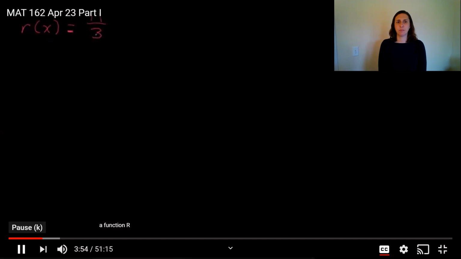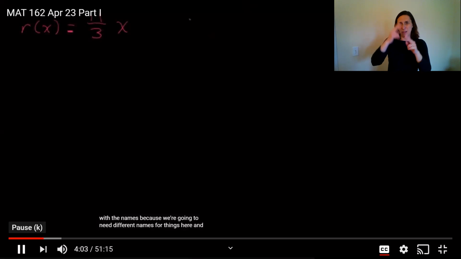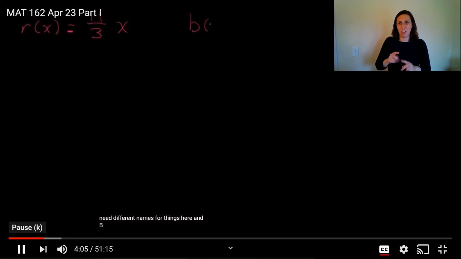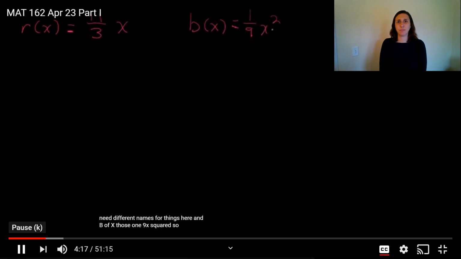A function r of x, and we'll get creative with the names because we're going to need different names for things here. And b of x equals 1/9 x squared. So we have two functions.